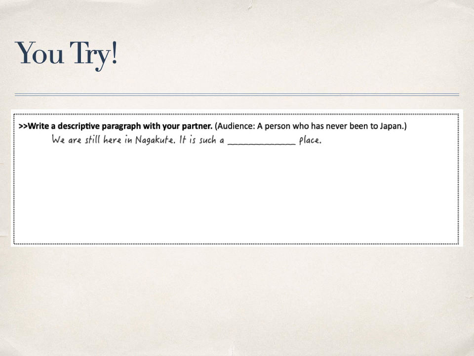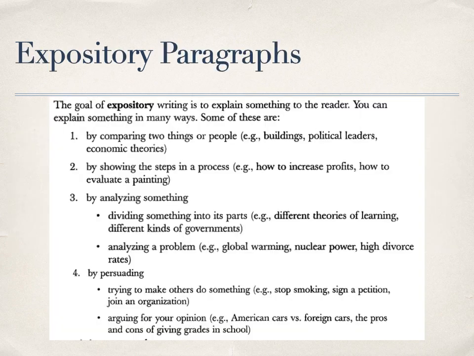Okay, so you can unpause the video. Hopefully you've written a nice descriptive paragraph there about where you're living. Let's move on to expository paragraphs. Now at the university level, this is the most common type of paragraph that you will write. Academic English often uses expository paragraphs.